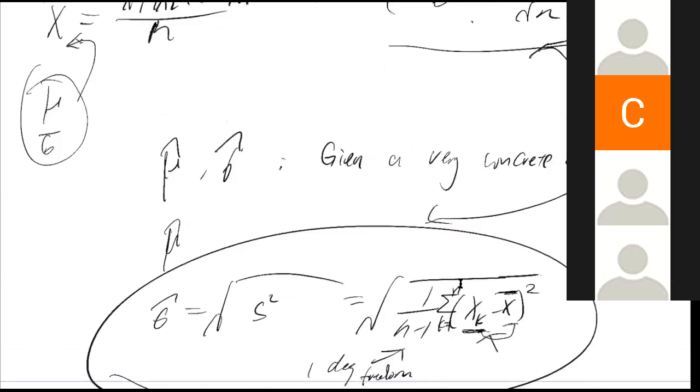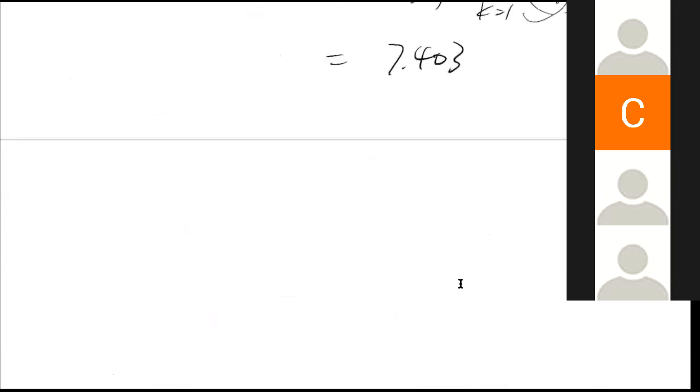And then confidence interval. I realized I forgot to review confidence interval. A confidence interval is defined to be the interval that we are, say, 95% confident will include the mean.